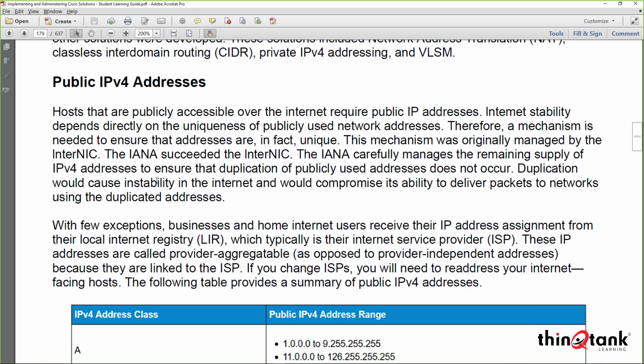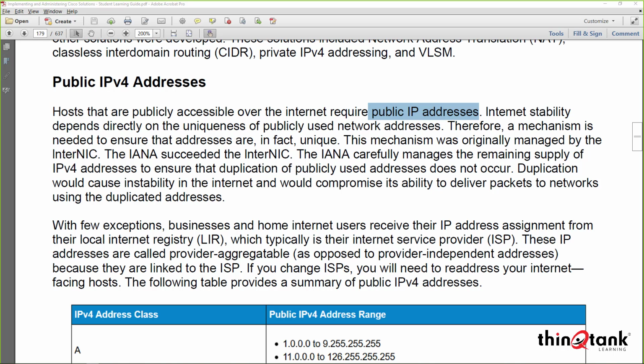So hosts that are publicly accessible over the internet require a public IP address. Internet stability depends directly on the uniqueness of a public IP address. Sure it does, right? Every client that's communicating on the internet is going to have a public address.